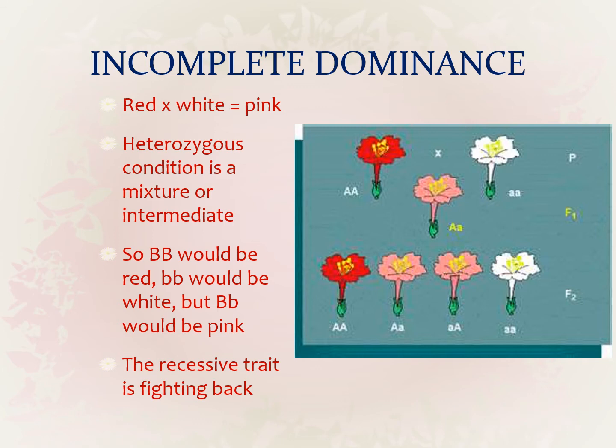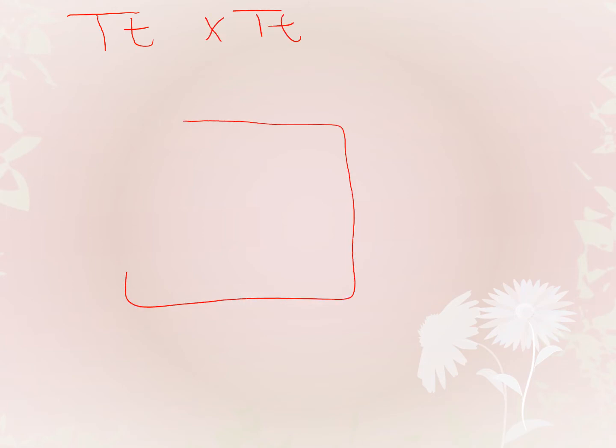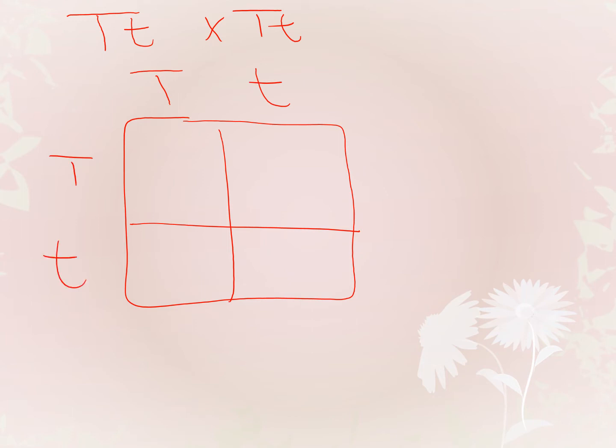So the Punnett squares are still going to look the same, but you have to know what the question is asking. For example, we're going to use the same one we just did. Our Punnett square is going to look pretty much exactly the same as what we did in the previous example, but this time my answers are going to be different.